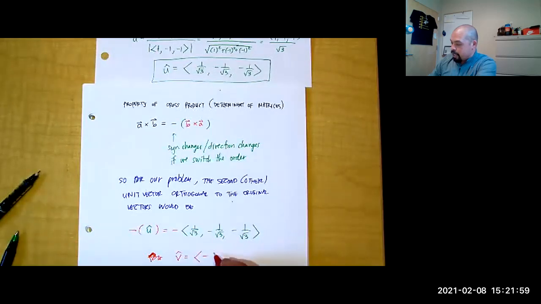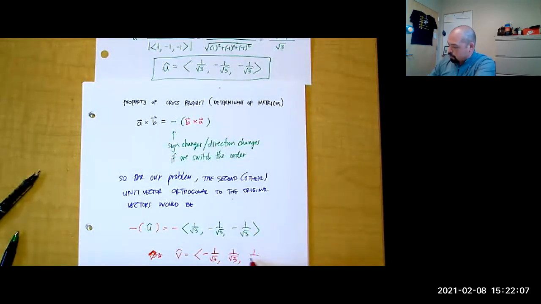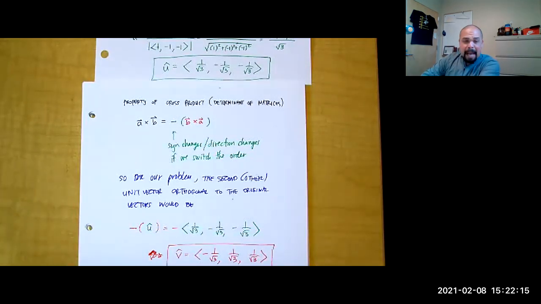But now this one is going to be negative 1 over root 3 for the i, for the x, positive 1 over root 3 for the j, for the y, positive 1 over root 3 for that k, or that z component. And again, you can verify that that would still have magnitude 1, so it's going to be a unit vector, but it'll also be orthogonal to those two original vectors.